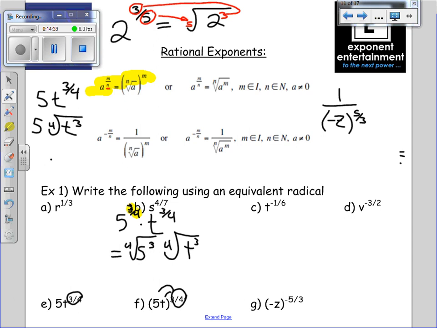Now what do we do, Colton? Yeah, so which is the index? Which number is going to be our index? 5 or the 3? The 3. The 3rd root of negative z to the power 5.